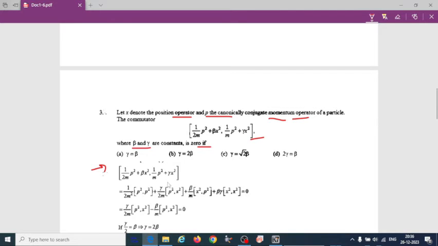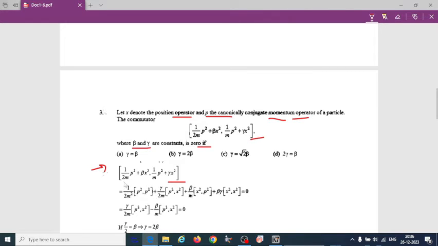First write down the given commutation relation. Then as we know the rules for commutation relation, we have to follow here. This is 1 divided by 2m. We can take common. Here first term, whatever it is there, we can take a plus b, b plus c, plus d, like that we can take.